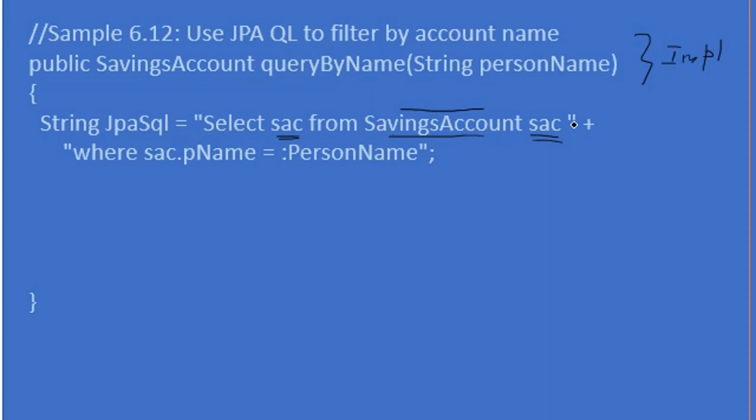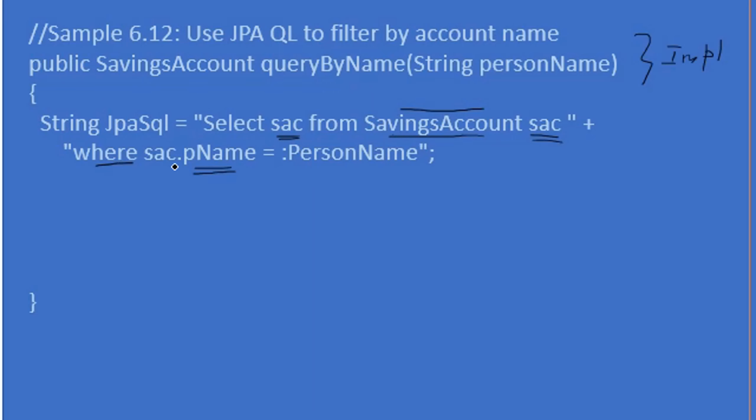Alright, plus concatenation. Here we are using the where condition, where SAC is our entity alias, right? So it contains a member. Here this is a field name of our entity. So if you expand this savings account type, we have 3 fields tied to the database, right? One is person ID, another one is person name, and the third one is the balance.